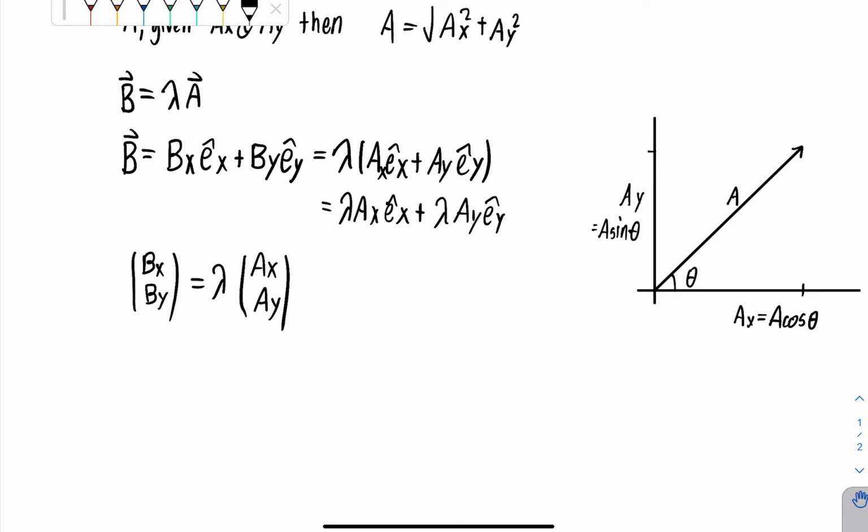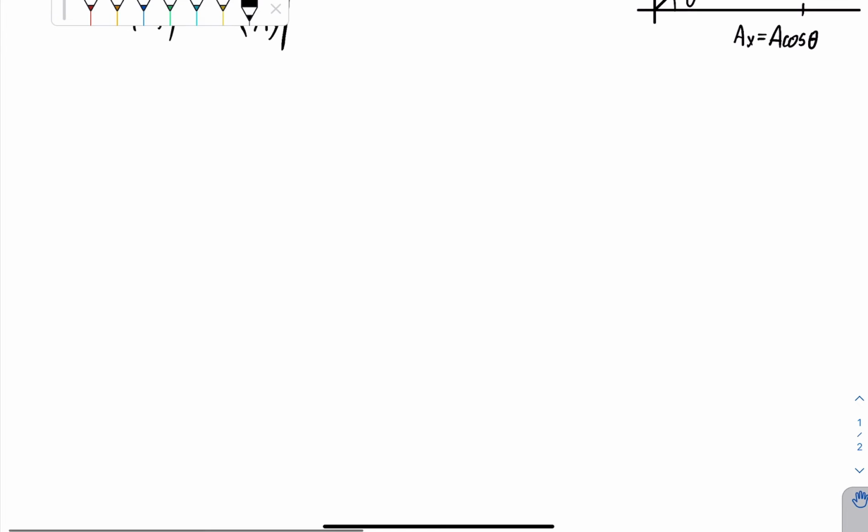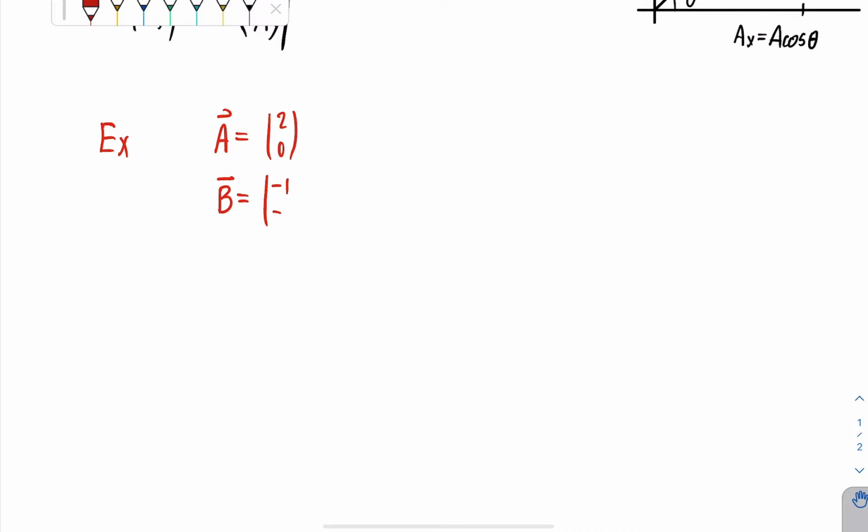So let's do an example of vector addition real quick. For vector addition, let's define A as being equal to (2, 0), and B will be defined as being (-1, -1).